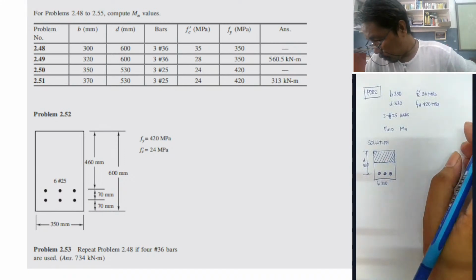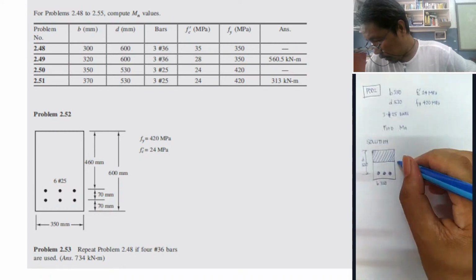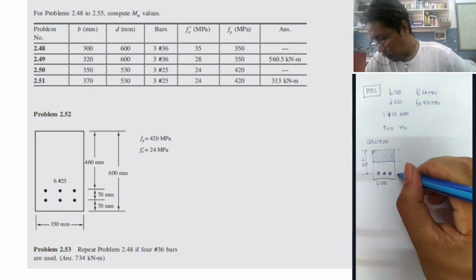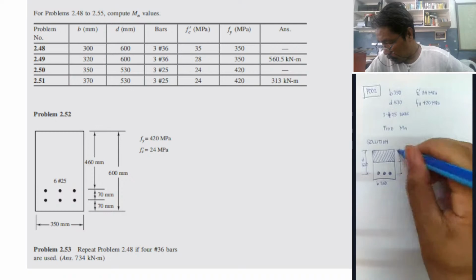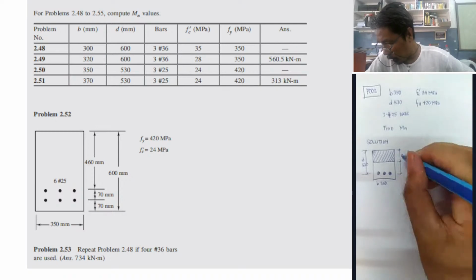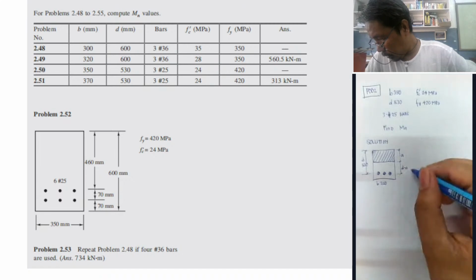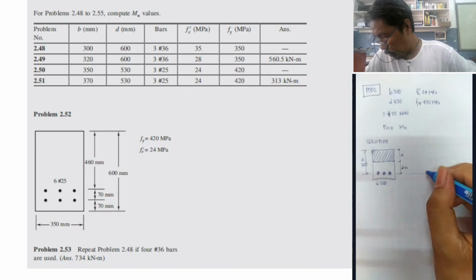What do we have here? Crack model. We do not know what is A. So this is D minus A. This will contribute the total tension force.